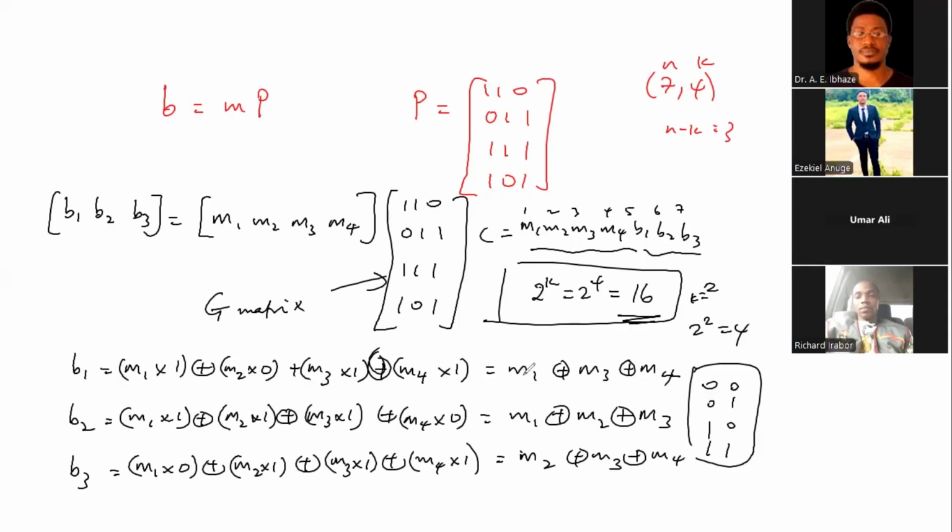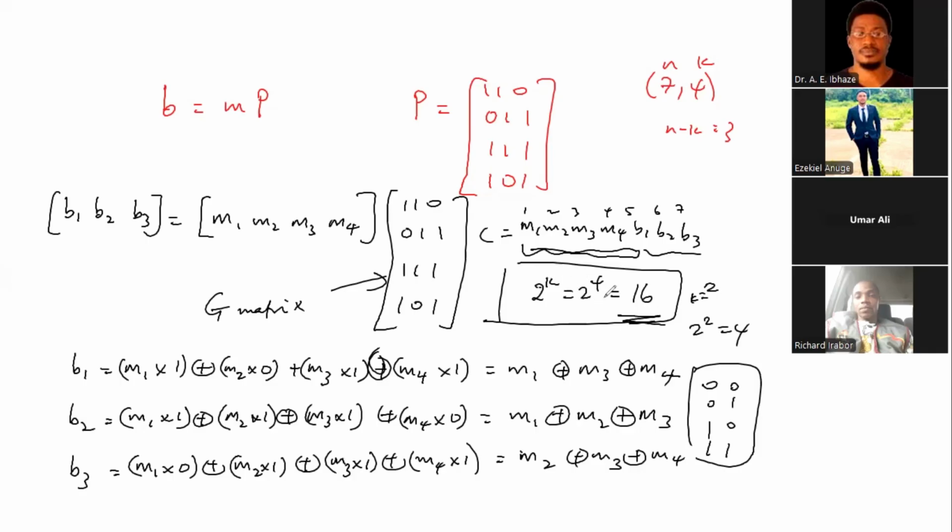So we now have to come up with the 16, right? Once we develop the 16 possible combinations, that will form our message bits. Okay? Now, you see, that will match these 4, M1 to M4.